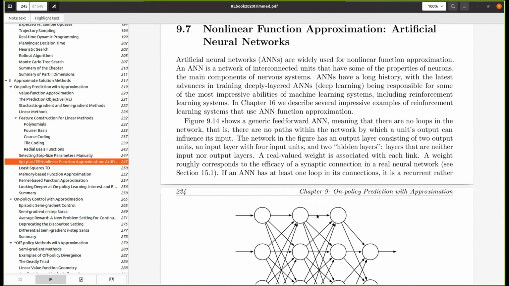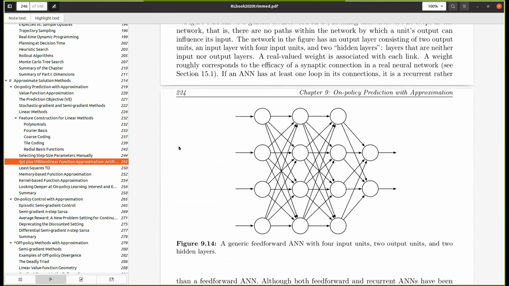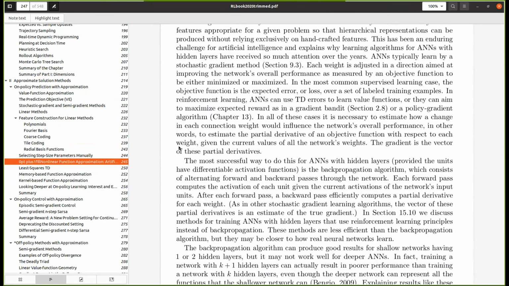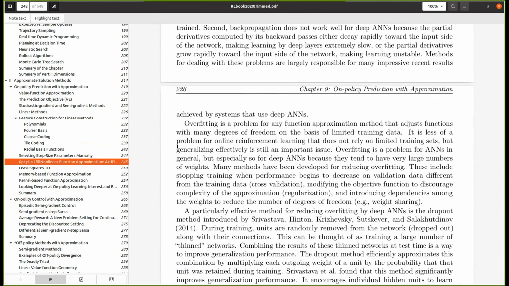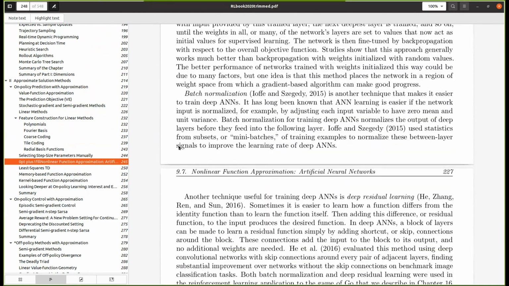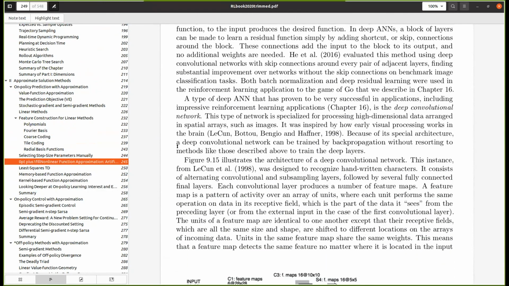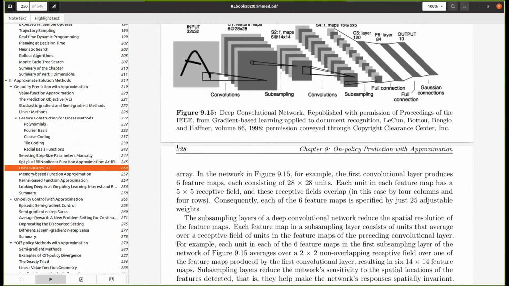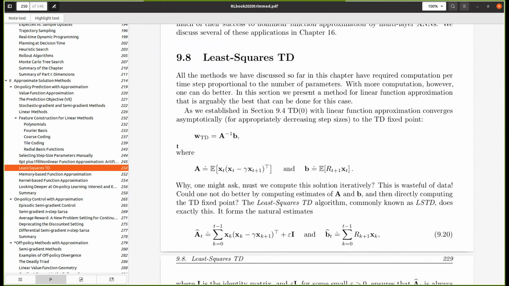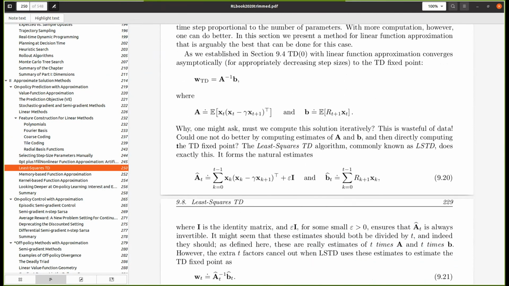Okay, cool. I think the remaining parts here are very high level. We have some information about applications of neural networks for reinforcement learning, but it's a very high level overview of what you can do, and the same goes for least squares TD.